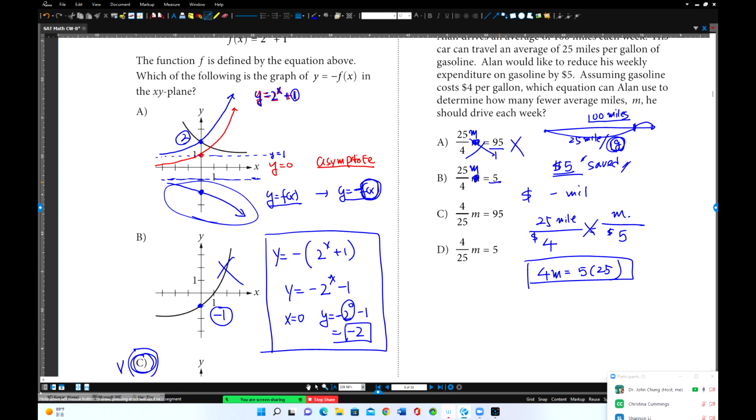That is 25M, no good. So 4M equals 25 times 5. Cross multiplication: 4M equals 5 times 25. That is exactly equal to this one. They are equivalent. So we find the equivalent is D, that's the answer.